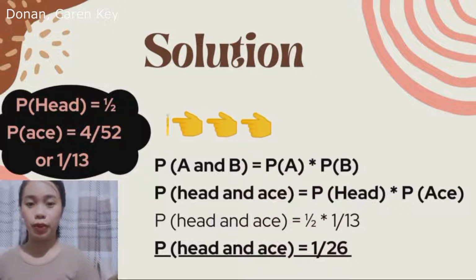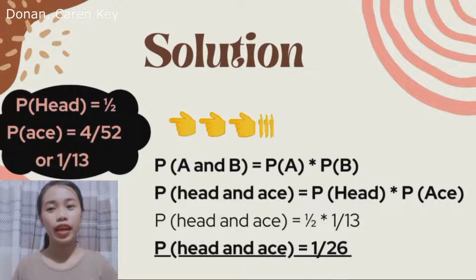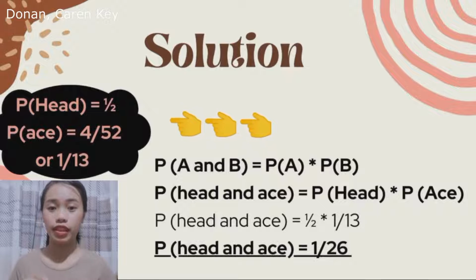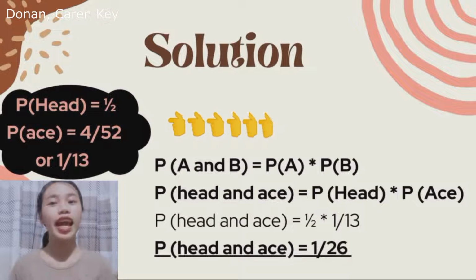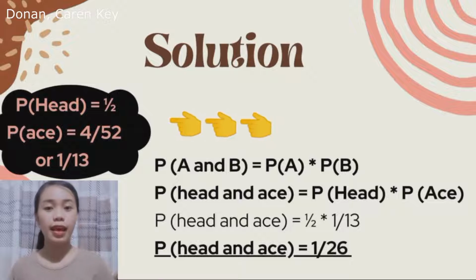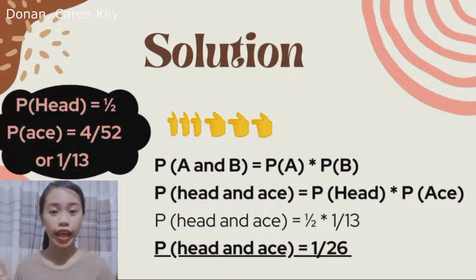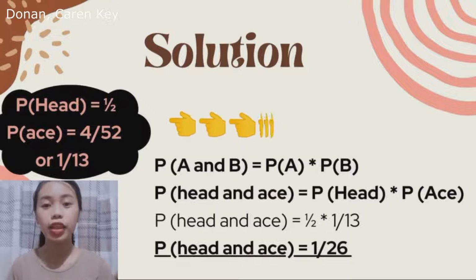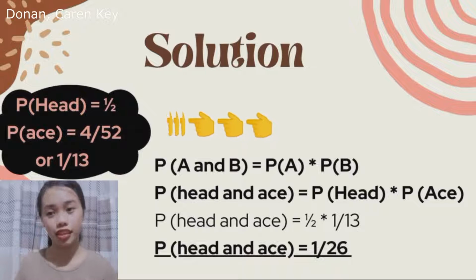So, 1/13 siya. Okay, so, the probability of head is 1/2 kasi nga may two sides yung coin. And then sa ace naman is mayroong 52 cards, yung standard cards, tapos may 4 ace. That's why 4 over 52. So, hindi ko na ilalaliman yung pagdidiscuss dyan kasi na-discuss na yan noon.